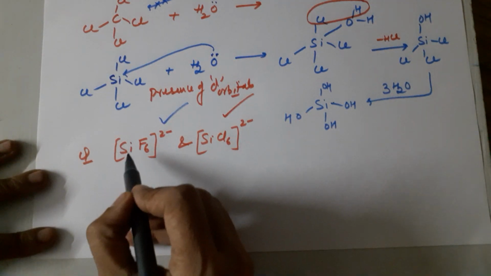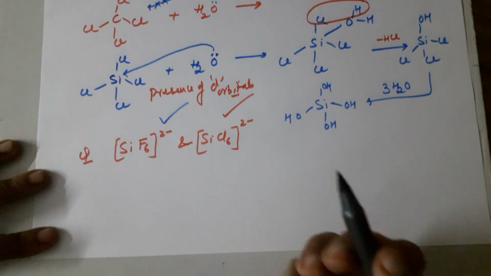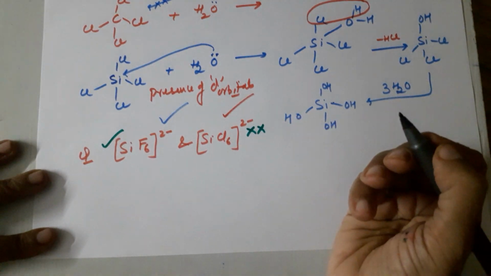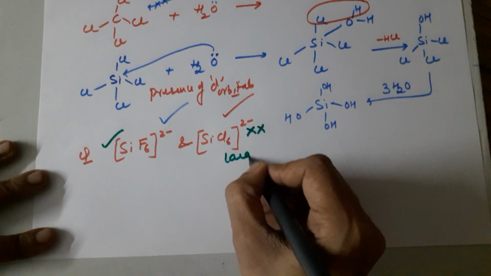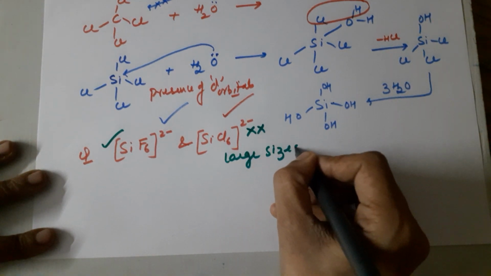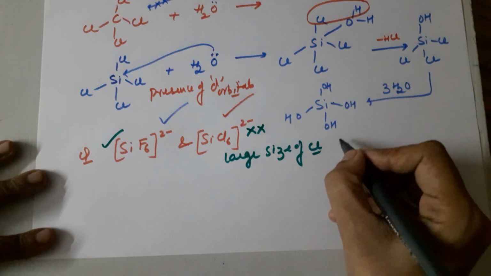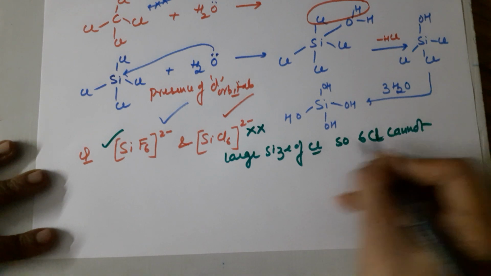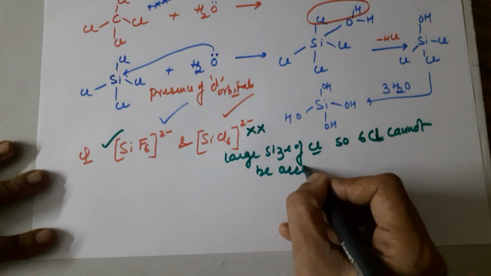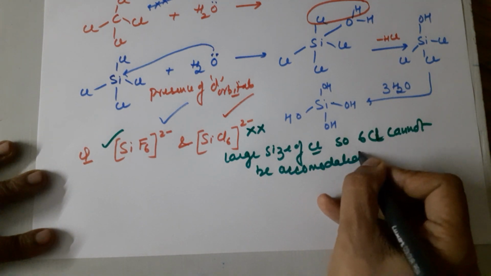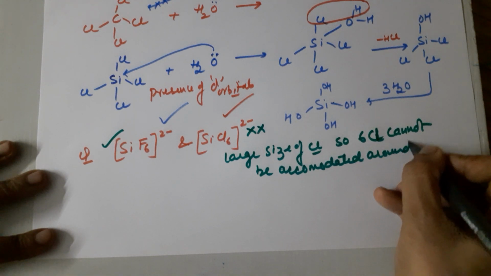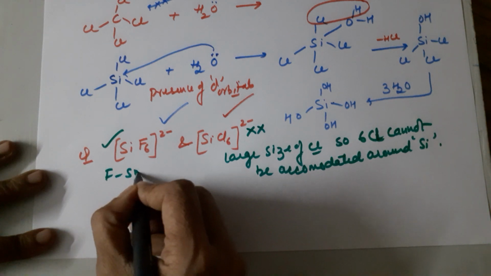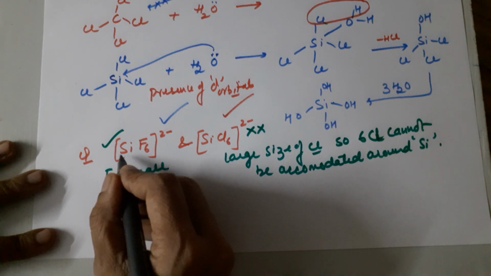The next question is, out of these two, which exists and which does not? And the answer is, this exists, this does not. The reason is that large size of Cl, so 6 Cls cannot be accommodated around the silicon atom, while 6 fluorines, F being small, can easily be accommodated with silicon.